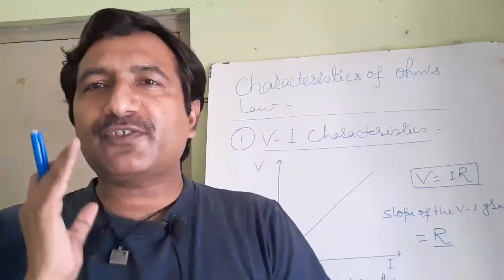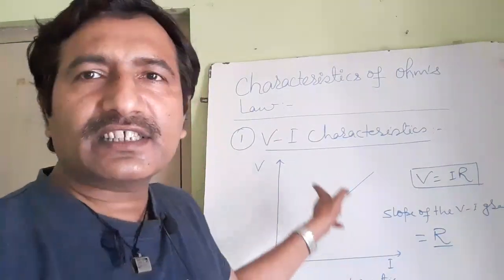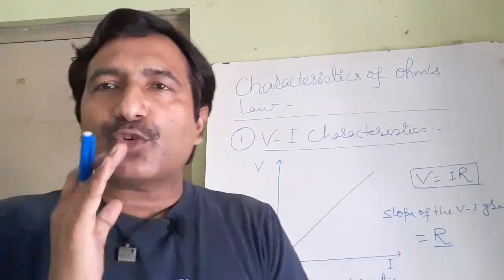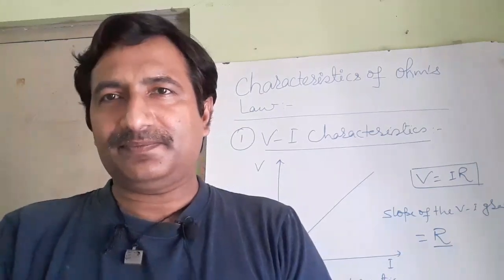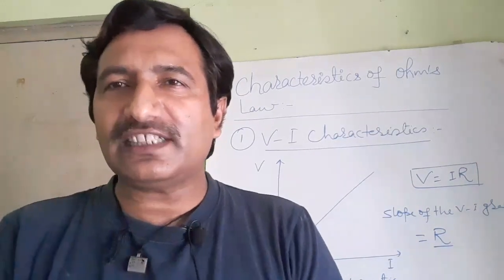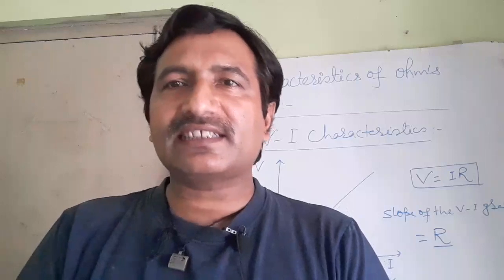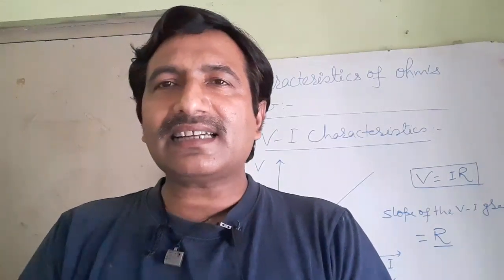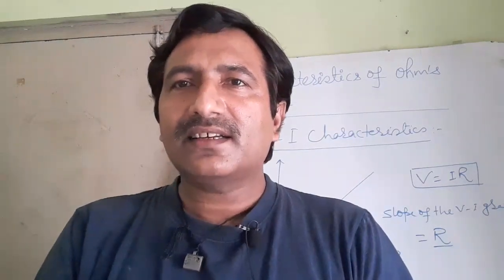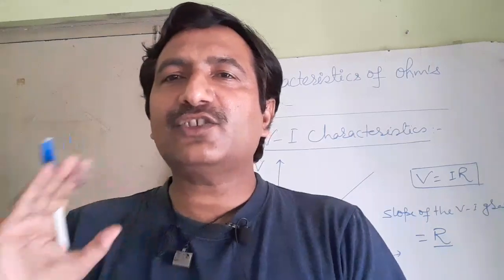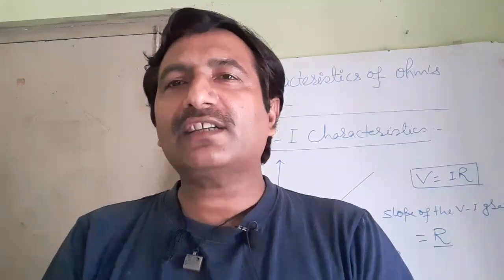The conductors which follow Ohm's law show a straight line graph, and those which do not follow Ohm's law show non-linear curves. On the basis of the nature of the graphs between V and I for a conductor or a device, conductors and devices are classified into two categories. One is the ohmic conductor and the other is the non-ohmic device. The conductors which follow Ohm's law are called ohmic conductors.